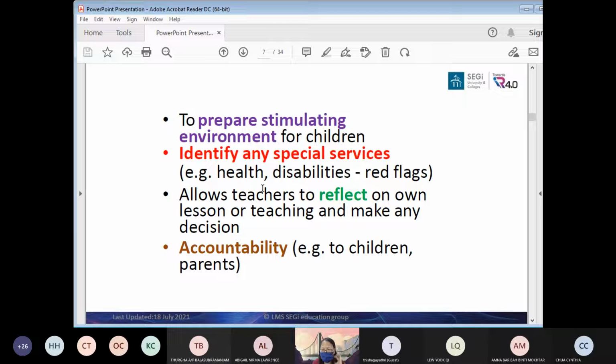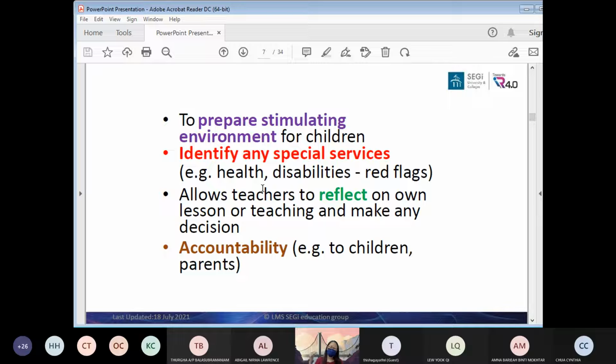Also, allow teachers to reflect on their own lesson. Not only about the child, the teacher can also reflect back. Is their teaching enough for the children to understand? Do the children understand what the teacher is teaching? Then you can make a decision whether to continue or not, or to have a new program.